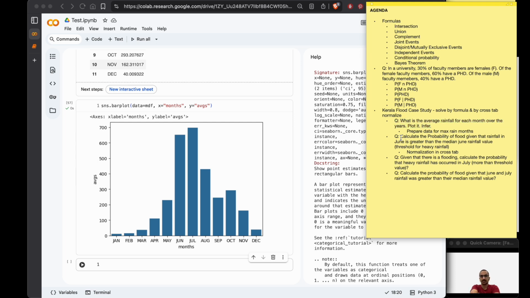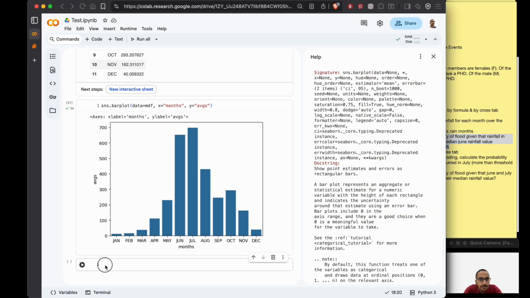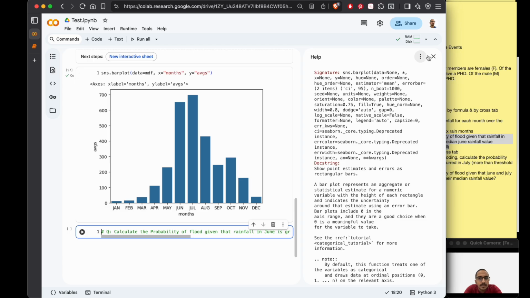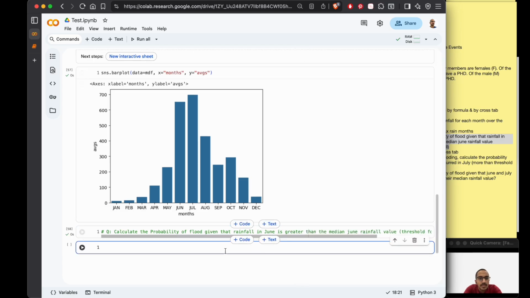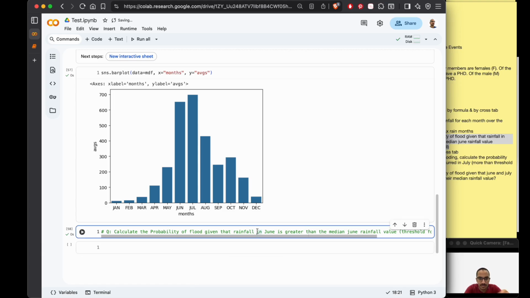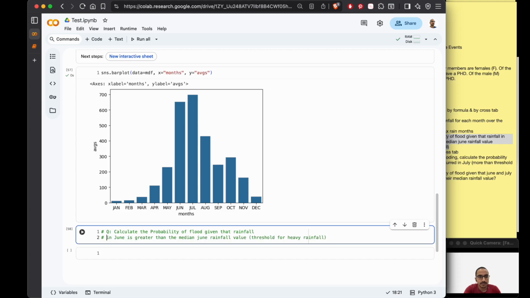So if you see the next question, it is asking us to calculate the probability of flood given that rainfall in June is greater than the median June rainfall.